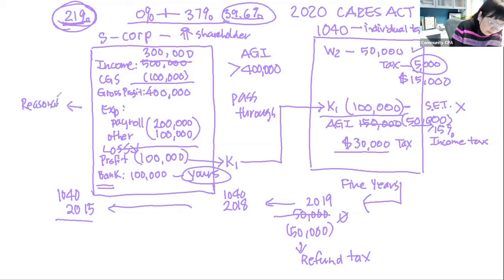So make sure you pay yourself reasonably. Otherwise, IRS will say that's not the S-corp we are thinking of, and you need to have a reasonable pay to work with S-corp. But it is possible that you are an S-corp shareholder, but you're not working. You are actually just hiring people to work. In that case, of course, you don't have to pay yourself a salary.